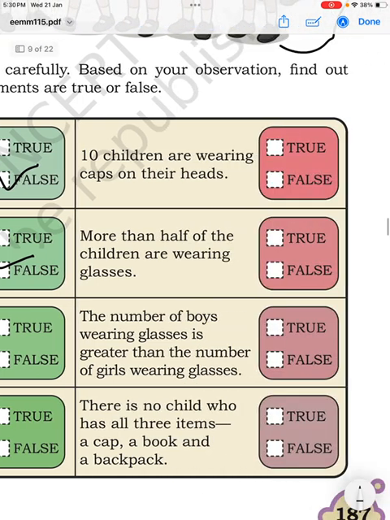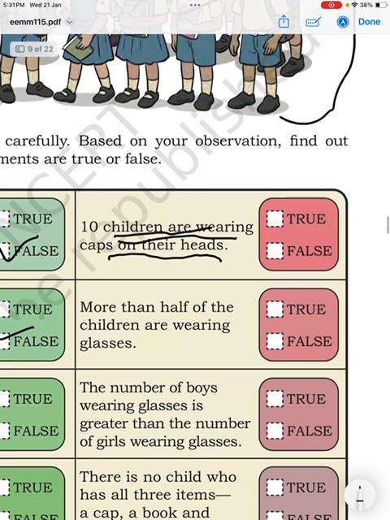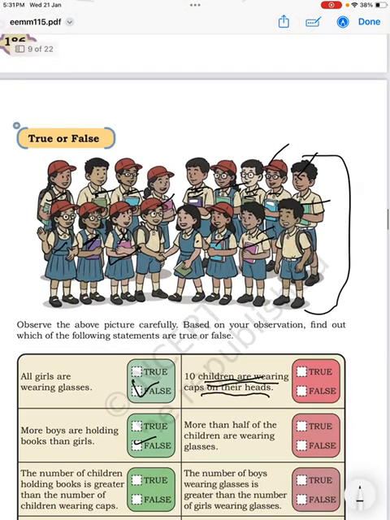In this way, 10 children are wearing caps on their heads. You will count the students wearing caps, and if it is 10, 1 2 3 4 5 6 7 8 9 10.